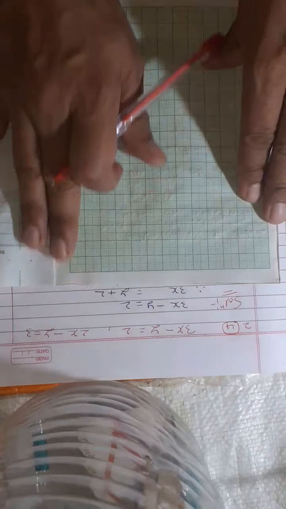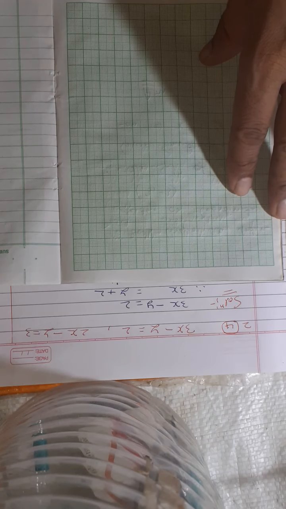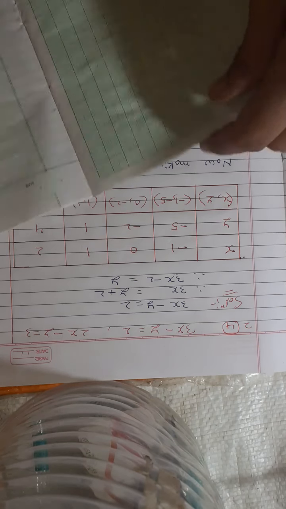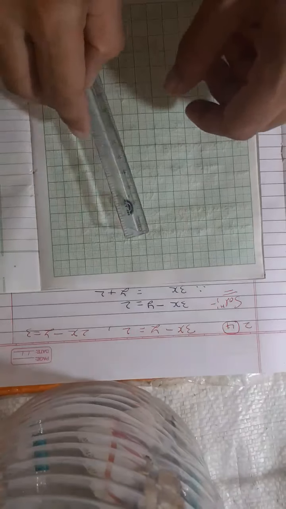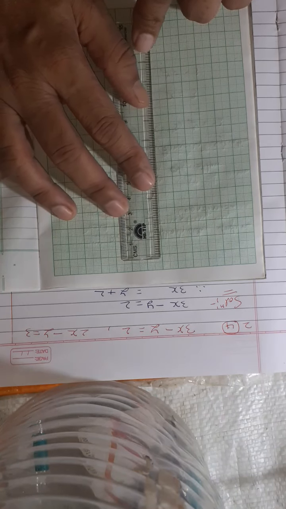Okay, so I am drawing the graph here. So for making the graph, now you draw the x-axis and y-axis. Okay, so x-axis and y-axis.